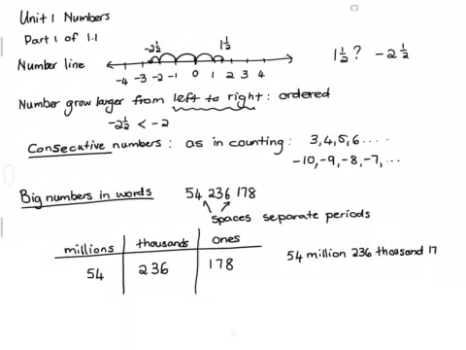And then the last part we just say 178. We don't say ones. So 54,236,000 and 178. Okay, so we start saying them from the left, but we write them, we separate them from the right. Please, not commas.